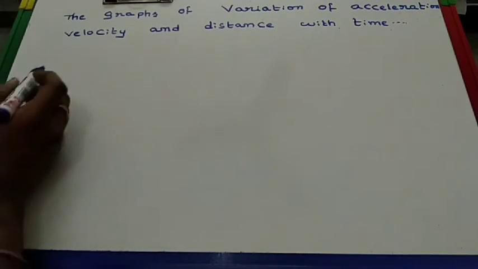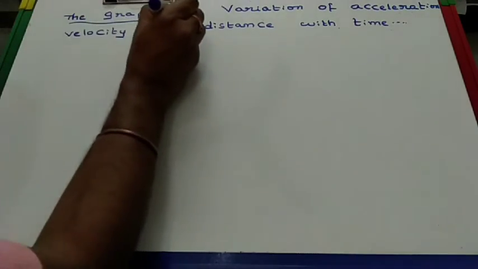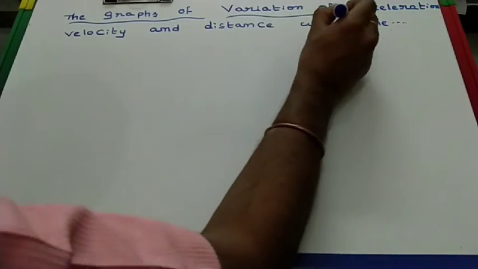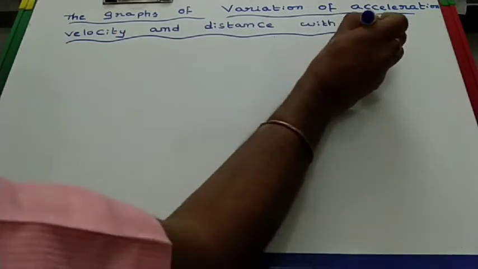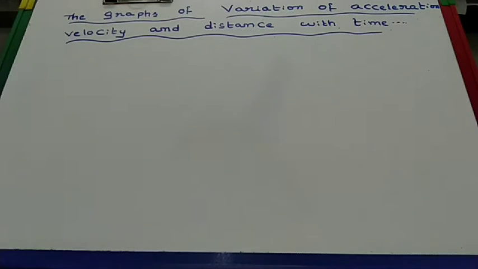Now our concept is the graphs of variation of acceleration, velocity and distance with time. Now go for the graph number 1.